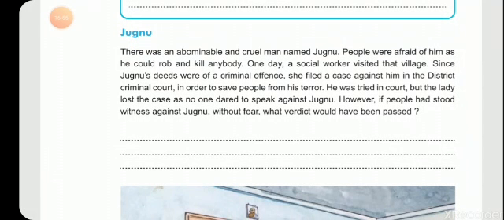He was tried in court, but the lady lost the case as no one dared to speak against Jugnu. Though she had filed a case, no one had the courage to come up and speak against Jugnu.